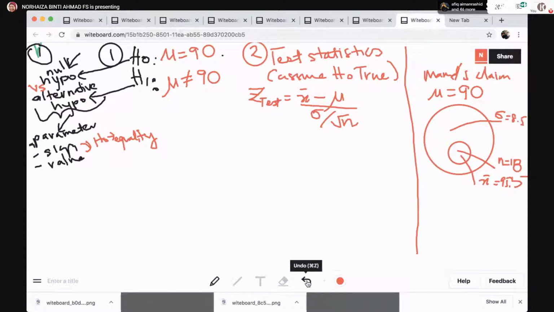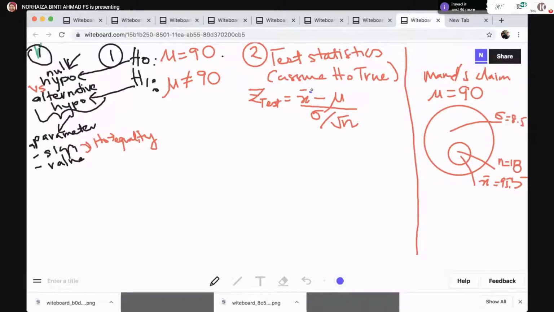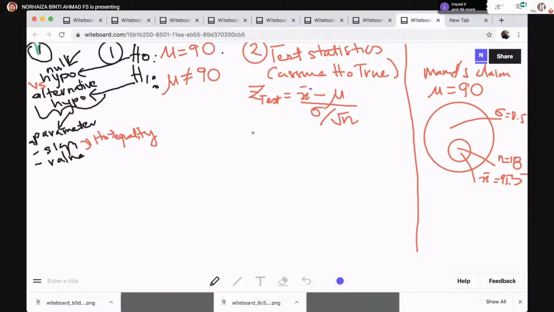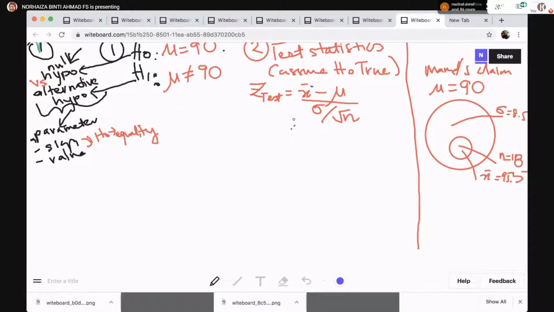But now we're going to use the transformation of your sampling distribution to calculate your test statistics. In this case, you just need to plug in your values. Here you already know the value of X bar, which is 95.5, minus 90, divided by 8.5 over root 18.